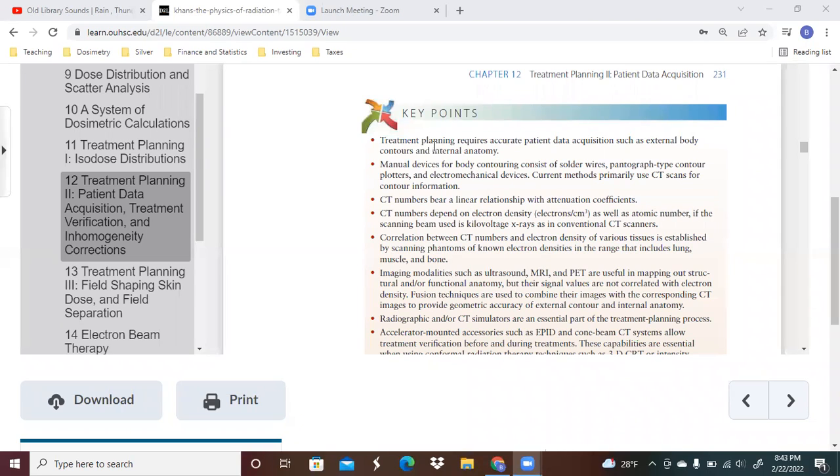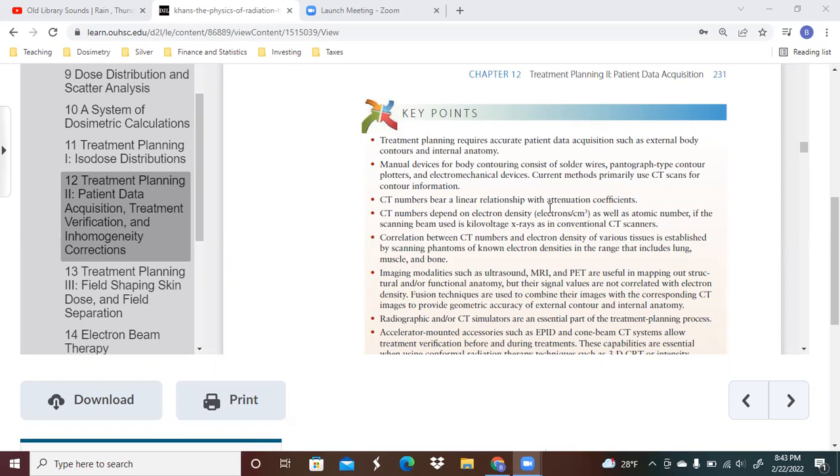Basically, treatment planning nowadays is going to require accurate patient data acquisition, such as external body contours and internal anatomy. Now, sometimes there are several different ways that that can be accomplished. Primarily today, what we are looking at is taking a CT scan of the patient. That is usually how things are done. Most centers nowadays are going to have a CT scanner or have access to one.